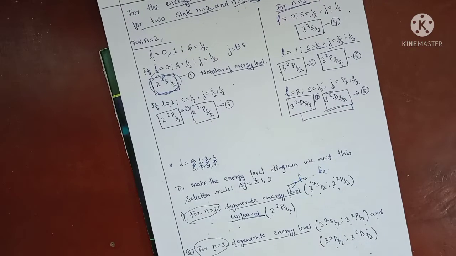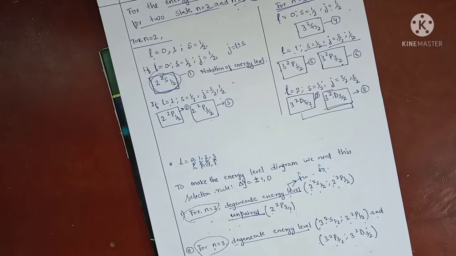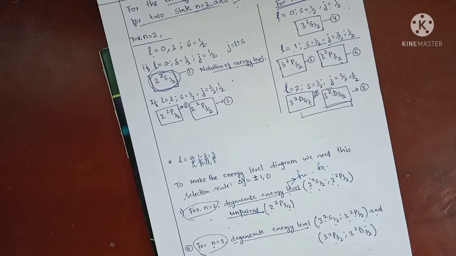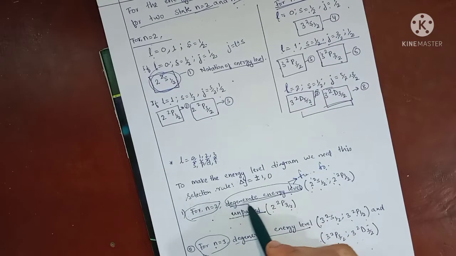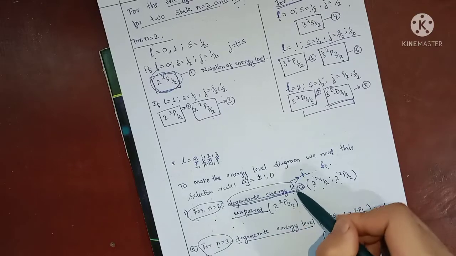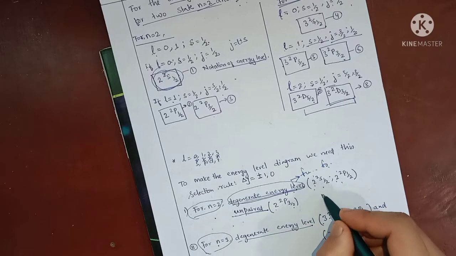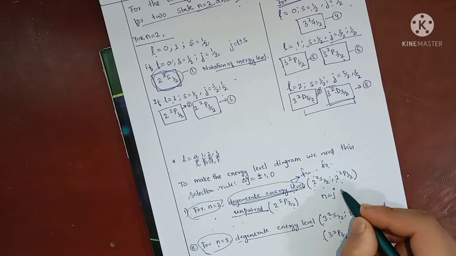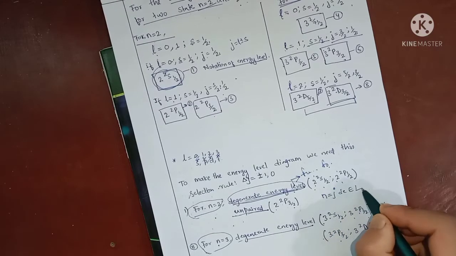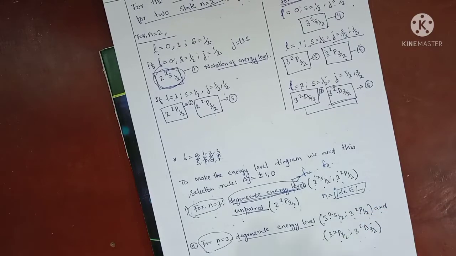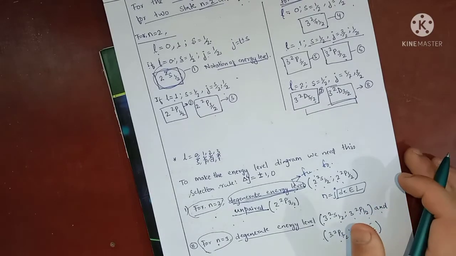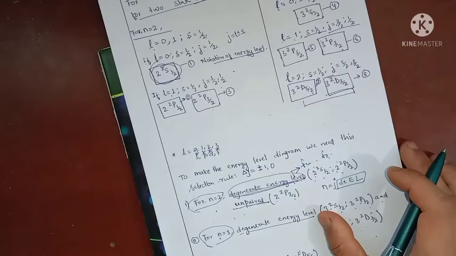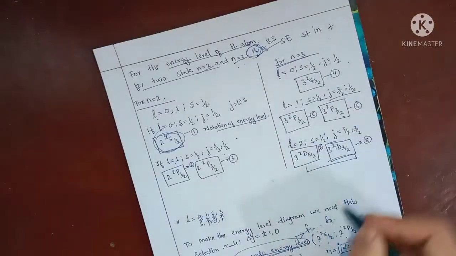The unpaired energy level is 3d 5 by 2. If the value of n is equal to j, then we find the degenerate energy level, which is further split into more components, and this is what I call the phenomenon of the Stark effect.